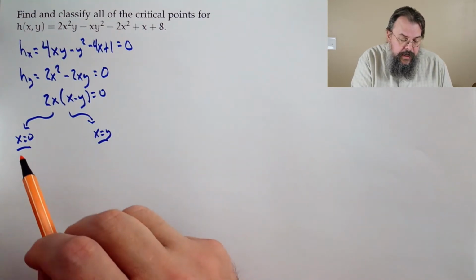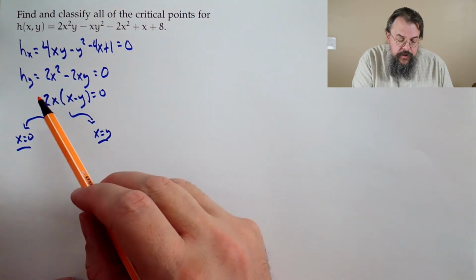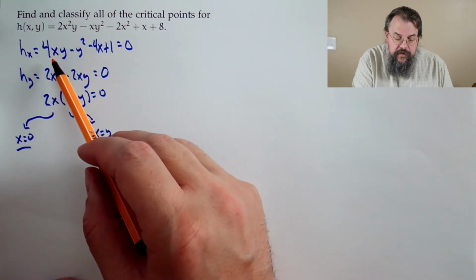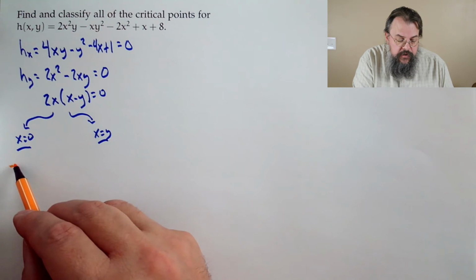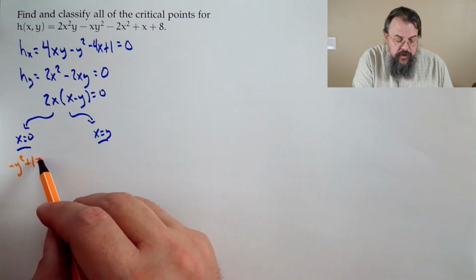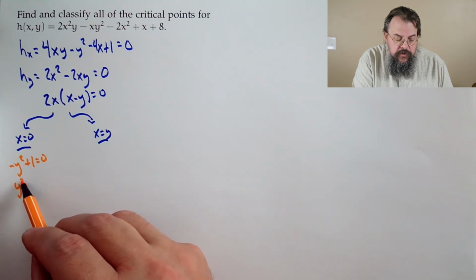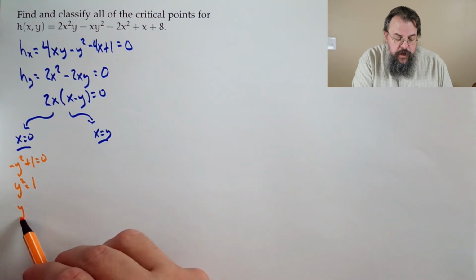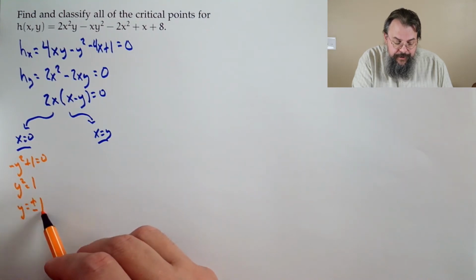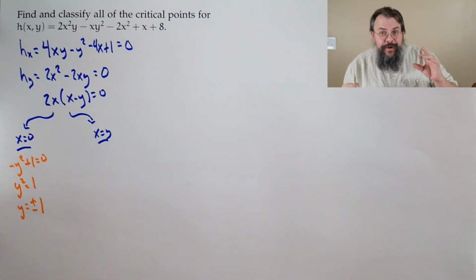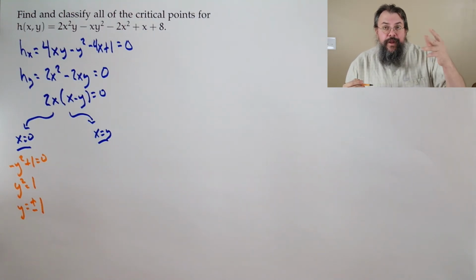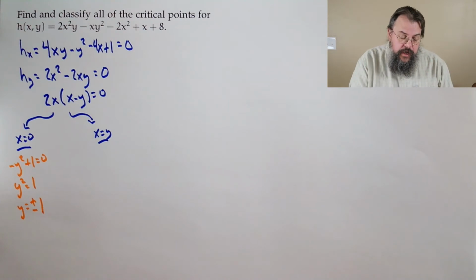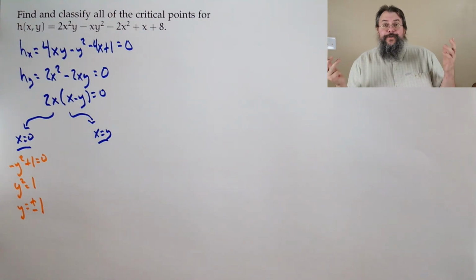Now, if x equals 0, so we used h sub y, so we're going to go into h sub x. Everything with an x goes away. We get minus y squared plus 1 equals 0, which really says y squared equals 1, or y equals plus or minus 1. Be careful with your squares, right? If you have something squared equals a number, when you're solving, plus or minus. Well, this is great.